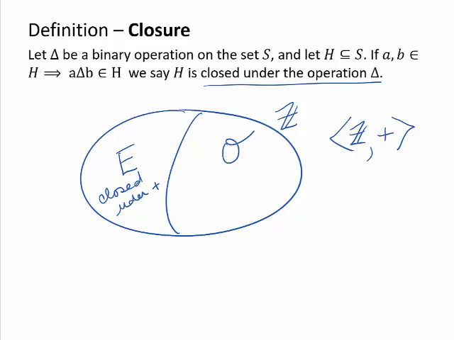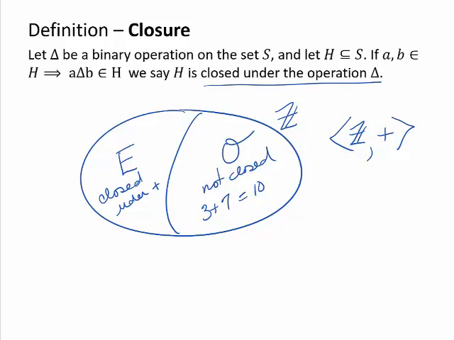O, however, is another subset of Z, and O is not closed. You can show that it's not closed just by giving one example. Taking 3 plus 7 is equal to 10, which is not in O.